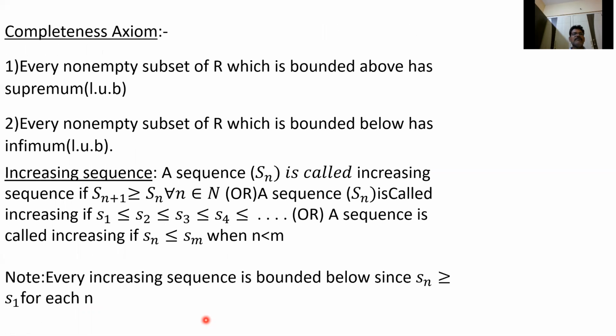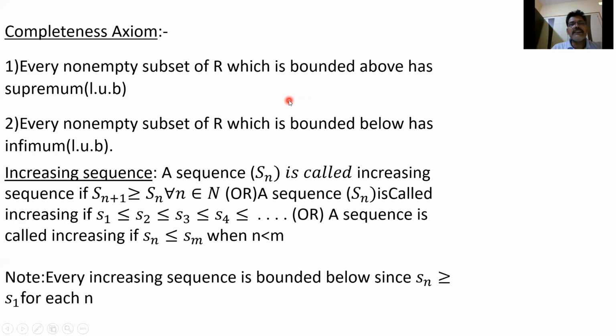Another important completeness theorem you can use: every non-empty subset of R which is bounded above has a supremum. So if S is any non-empty subset of R and it is bounded above, then it has a supremum.